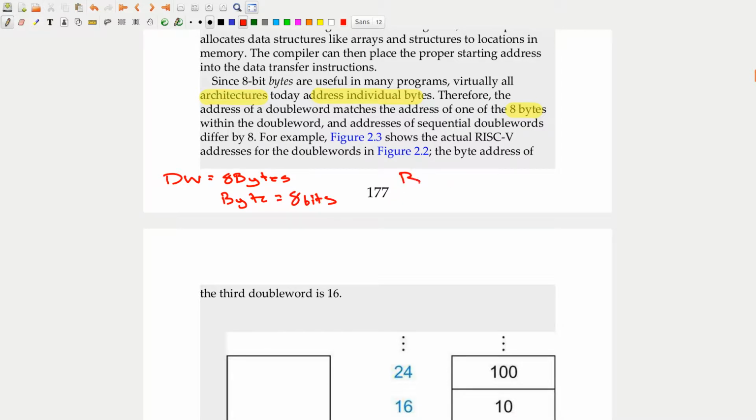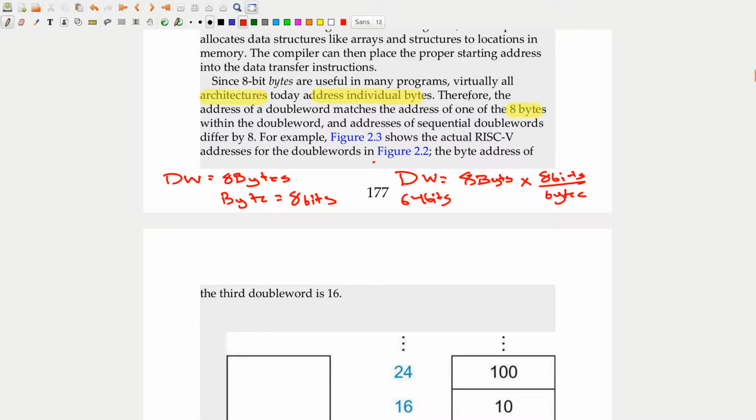So a double word is equal to 8 bytes times 8 bits per byte, which is just going to mean a double word is 64 bits. Okay. That's fine.